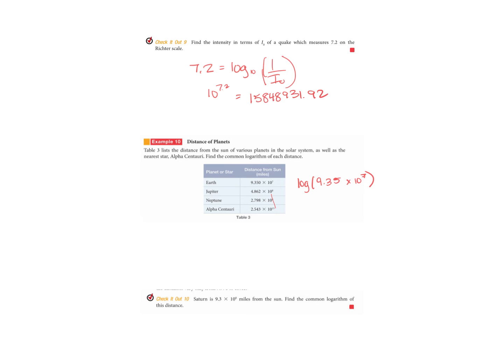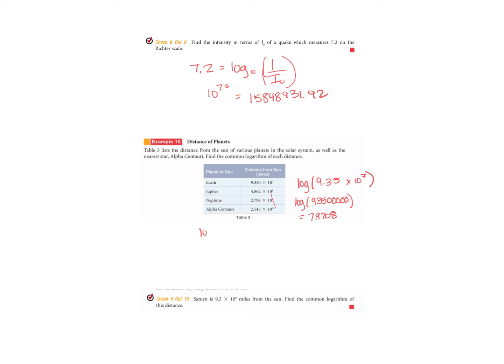If I take 9.35 times 10 raised to the 7th, I get this number. Okay, and this is why I think we're jumping the gun a little bit here. So that's how that works, right?